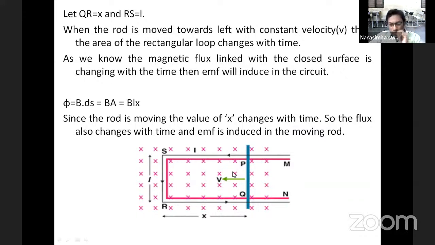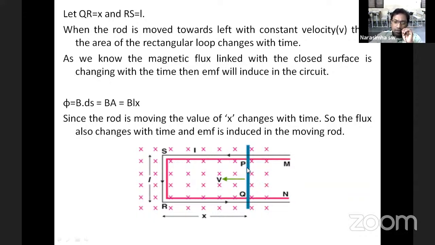Okay, so then what happens? Due to this change in magnetic flux, EMF will be induced in this rod. Now, these wires are a closed circuit. Initially, in this rod, EMF will be generated because only this rod is moving forward.